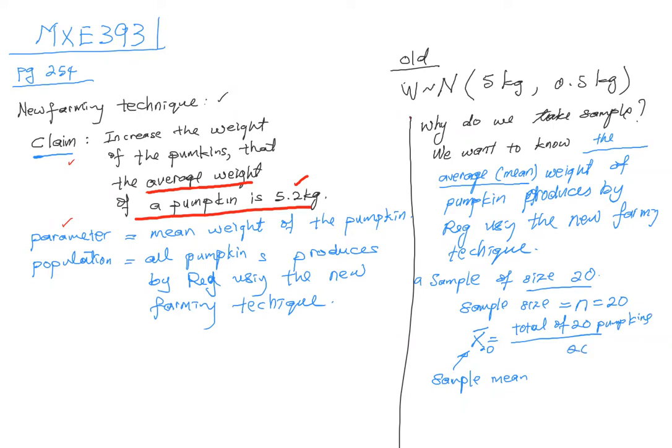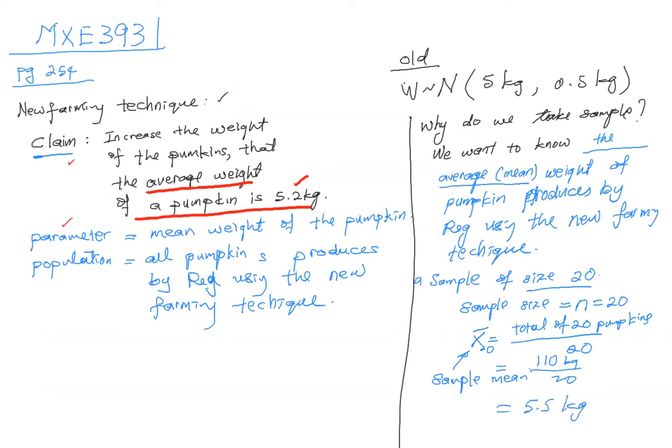By 20. So maybe the total I get is, let me just simply give you, 110 kg. So I divide by 20, what do I get? I get 5.5.